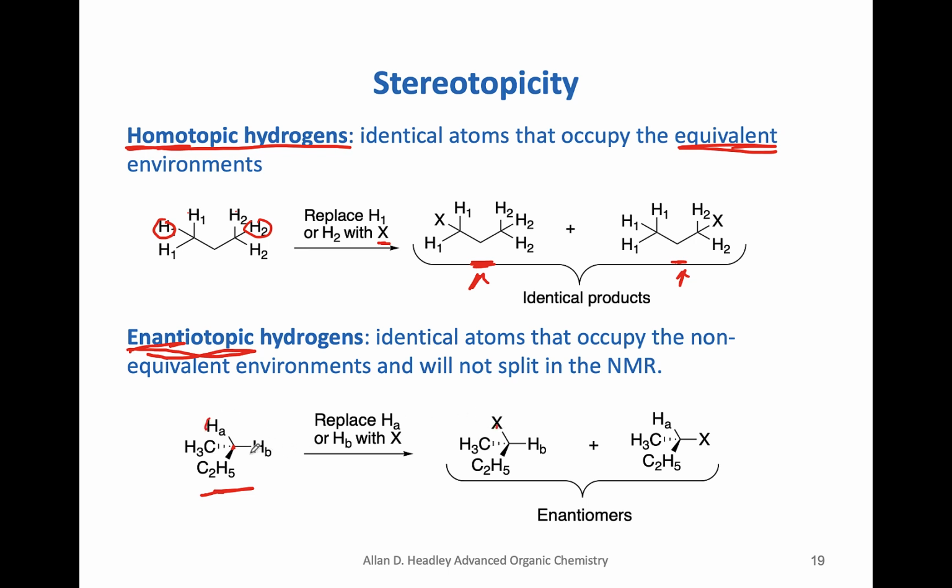If you replace HB with X, you get this. As you can see here, these are enantiomers. So these are enantiotopic hydrogens, because the replacement gives enantiomers, not the same molecule.